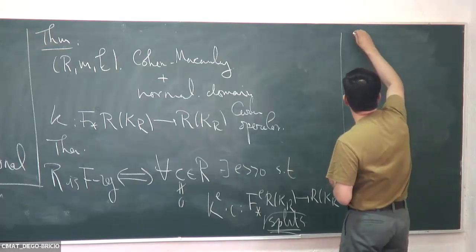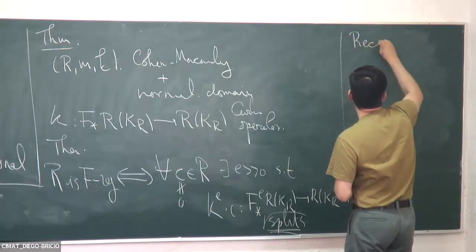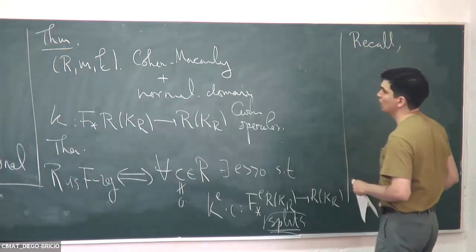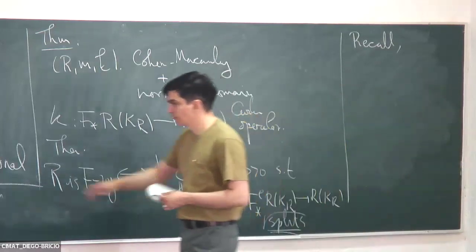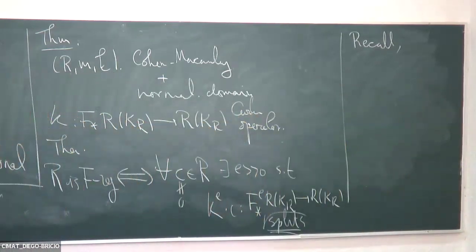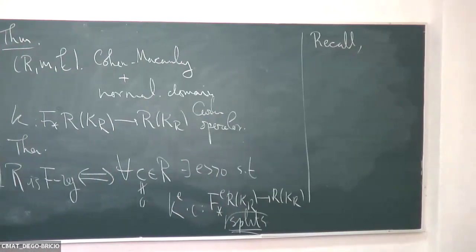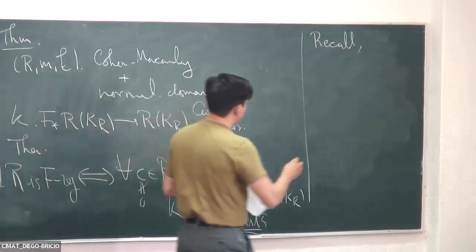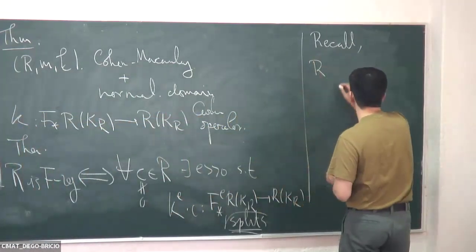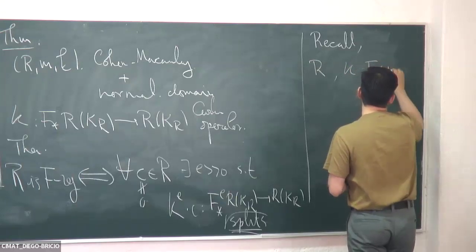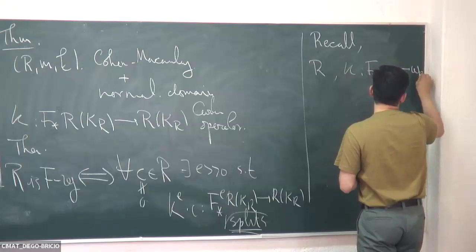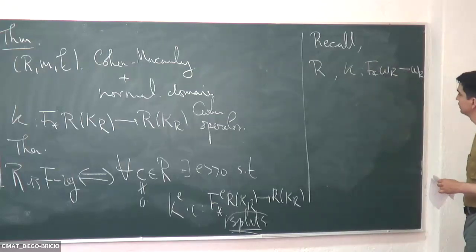So, okay, now let's talk about F-regularity. Let me recall what the definition of F-rationality was, right? So this wasn't our definition. You remember what the definition was? We said that if we have R with Cartier operator, right?